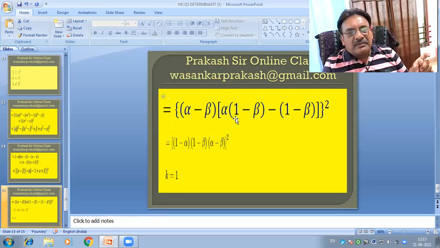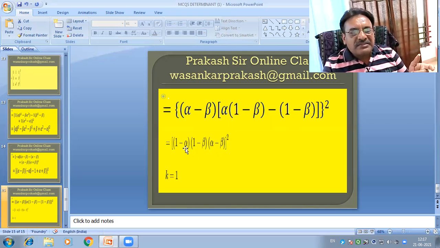Again alpha minus beta as it is, then from this bracket 1 minus beta take common, then we write alpha minus 1. And since the square is present, alpha minus 1 can be written as 1 minus alpha also. So here (1 minus alpha) (1 minus beta) (1 minus beta) whole square.